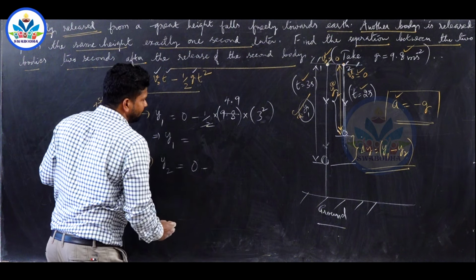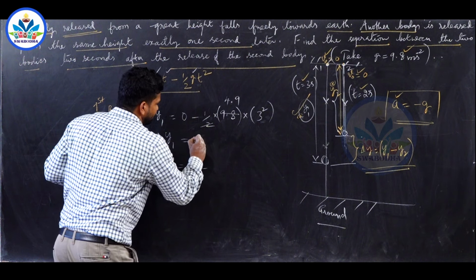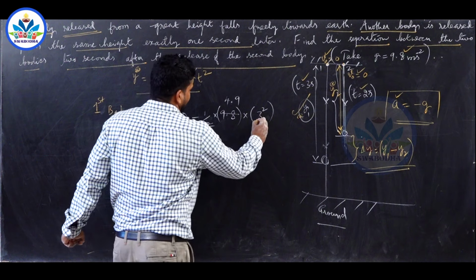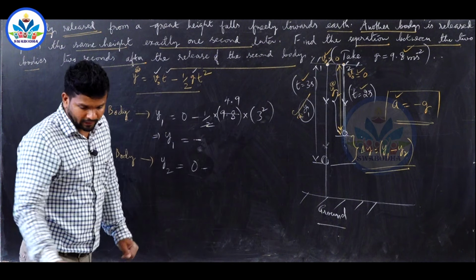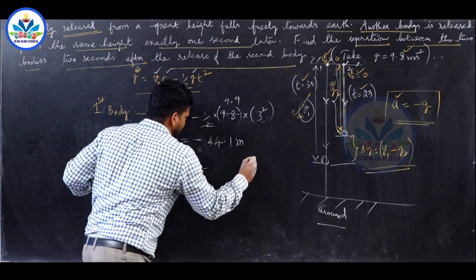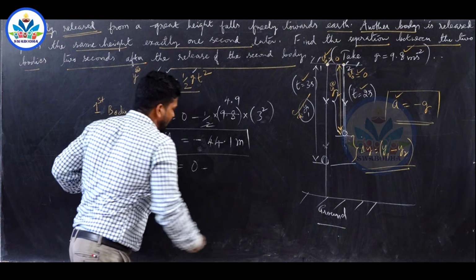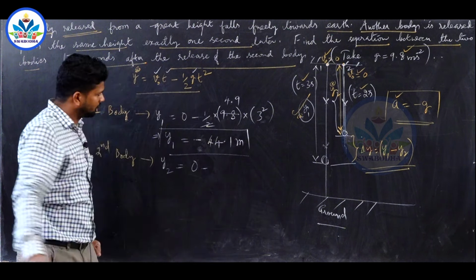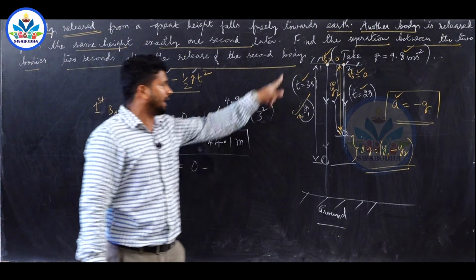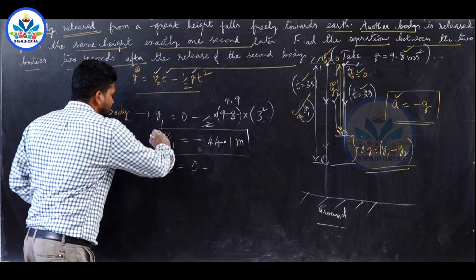y1 equals minus, this is 9 into 4.9, you will get 44.1 meter. y1 equals minus 44.1 meter. You calculate, you will get the answer. And as expected, displacement must be negative because you are traveling in the negative y direction. Perfect.